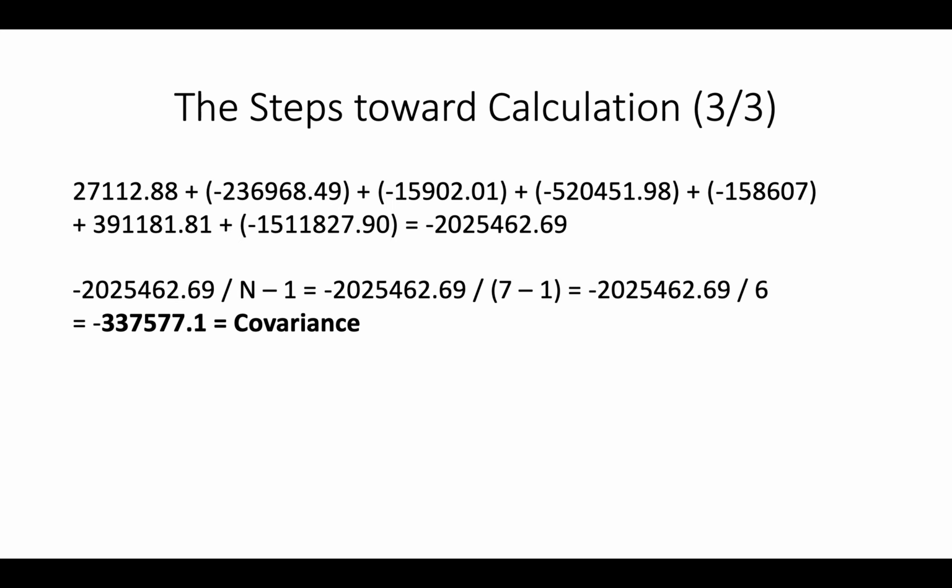We then add up the products of those deviations and divide the sum by the number of cases minus 1. Thus, we end up with a covariance of 337,577.1.